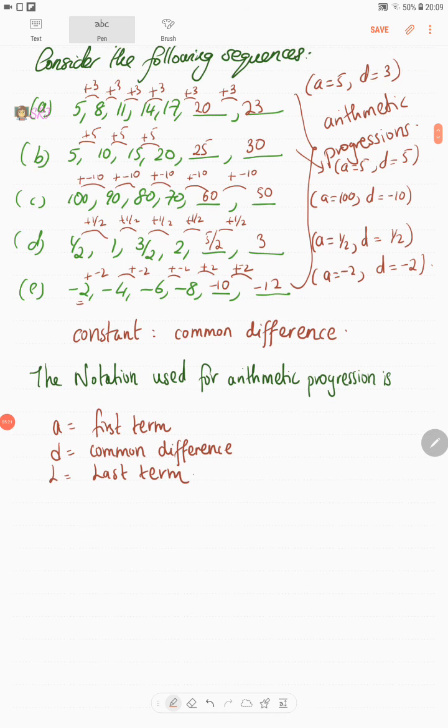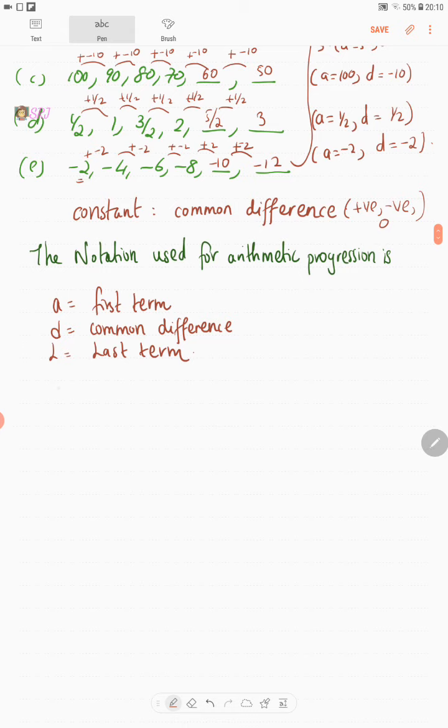We can also see that the common difference can be positive or negative. It can also be 0. For instance, if we have 5, 5, 5, 5, so this also is an arithmetic progression.